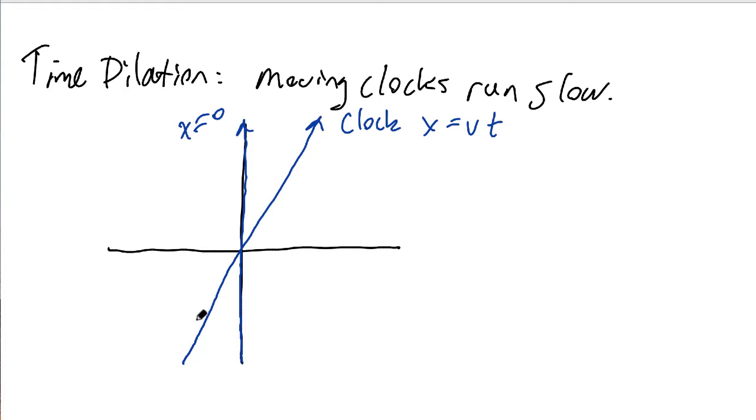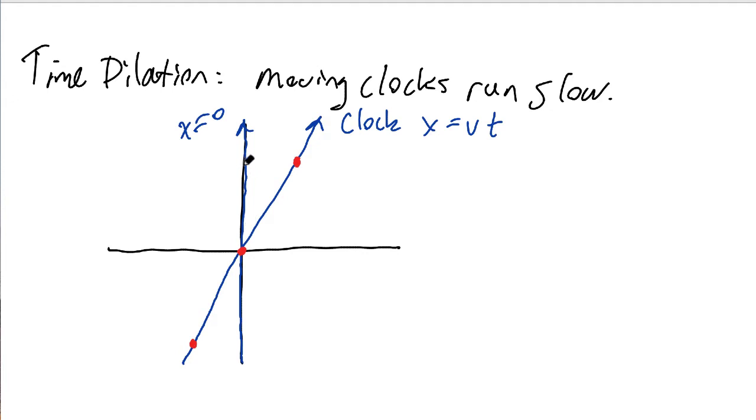Now the clock ticks, so we'll arrange for one clock tick to occur right at the origin as the clock passes the observer. Here's another clock tick preceding that one. Here's a later clock tick. Each time the clock ticks, it's an event. Now, the first question is, what is the time between clock ticks as seen by this observer?